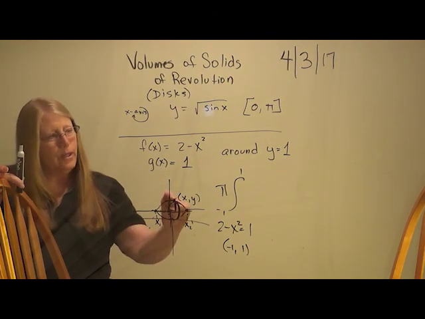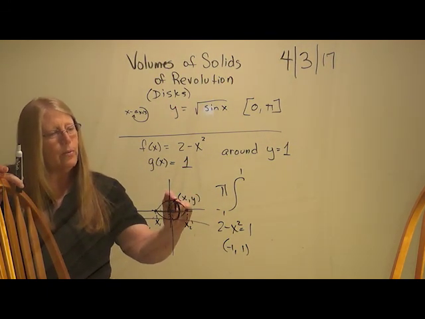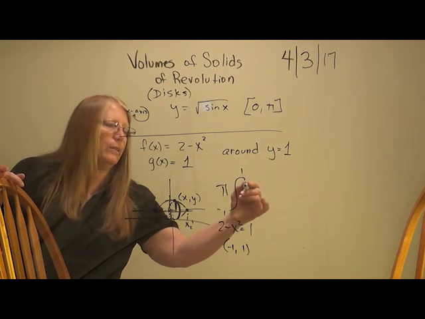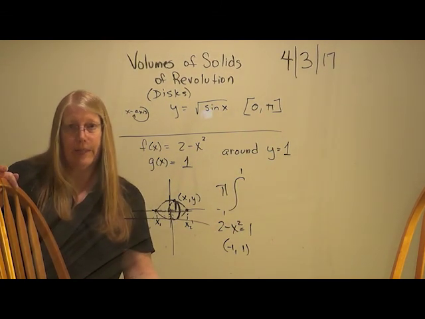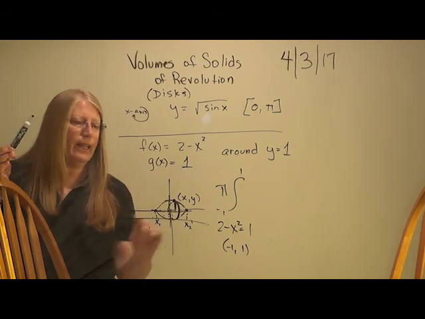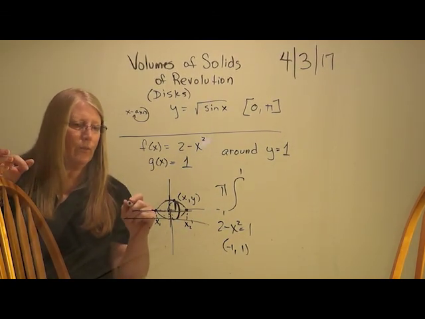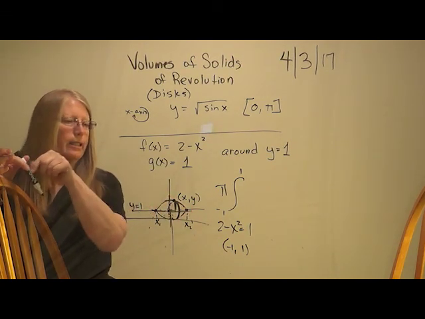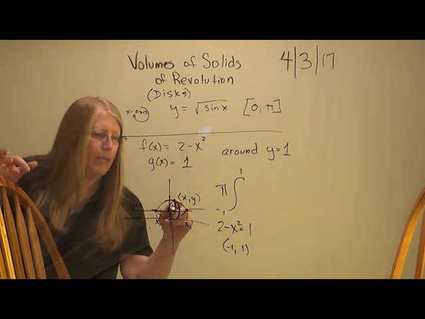So it's going to be associated with the y. But remember, y goes from the x-axis. So there's a little adjustment. As I said, it's a complication. Remember, here's the x-axis. This is the line y equals 1. But the radius of this disk goes from here to here.